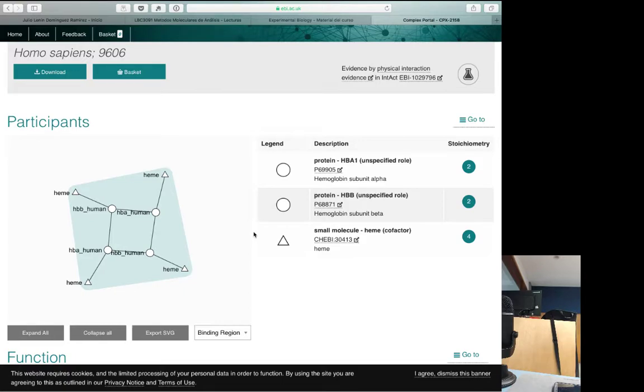This is very simple for this protein because it's telling us you're going to have 1 and 2 beta subunits in a complex, 1 and 2 alpha subunits, and each one of those proteins is going to have a heme group. This is the functional complex of hemoglobin. If you remember from biochemistry, 2 alpha subunits, 2 beta subunits, and they have the heme group.